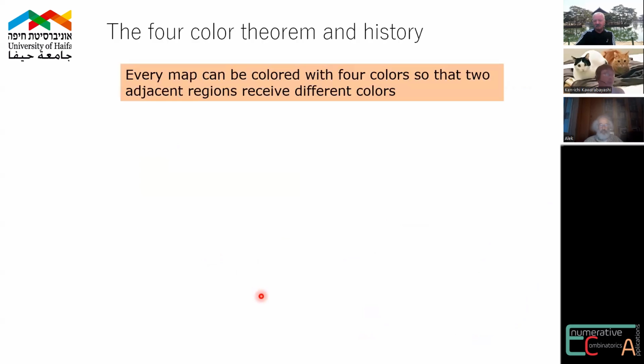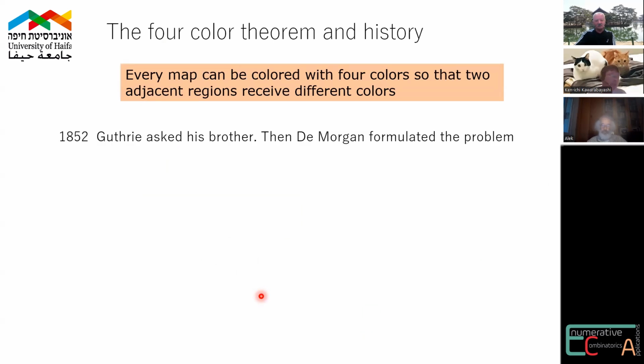The history of the four color theorem is quite interesting. Probably some of you already know, but let me just repeat. It was first noticed by Guthrie, who was coloring maps, and he and his brother noticed that if you color the maps so that two adjacent regions receive different colors, you only need four colors.